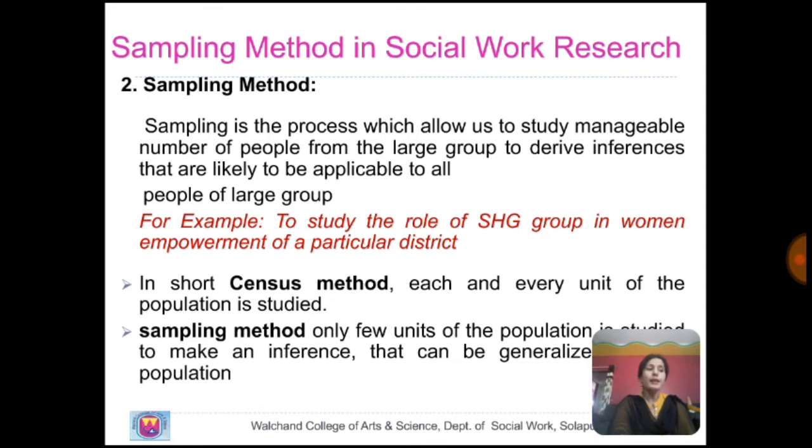So now drawing representation from each element will form the sample of that particular study. In short, in census method, each and every unit of the population is studied, whereas in sampling method, only a few units of the population are studied in order to make inferences that can be generalized to the total population or universe.